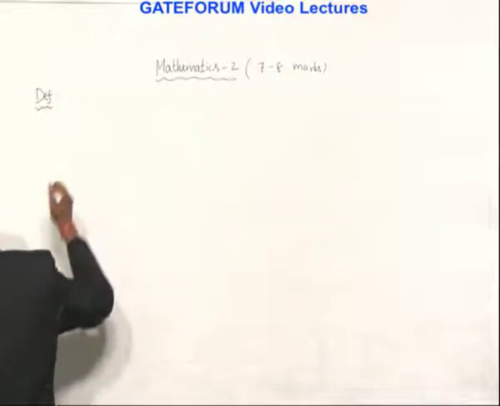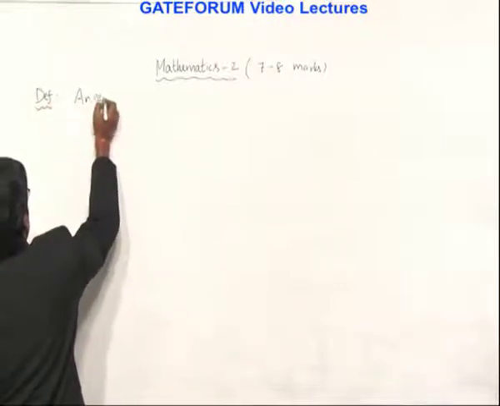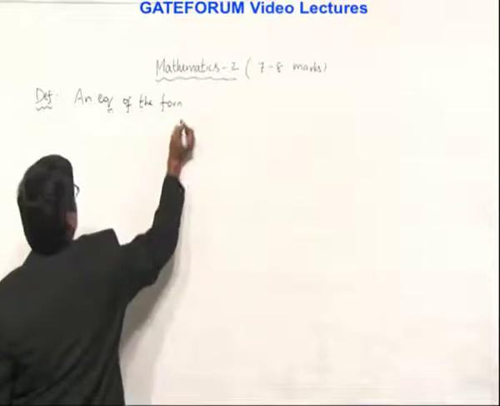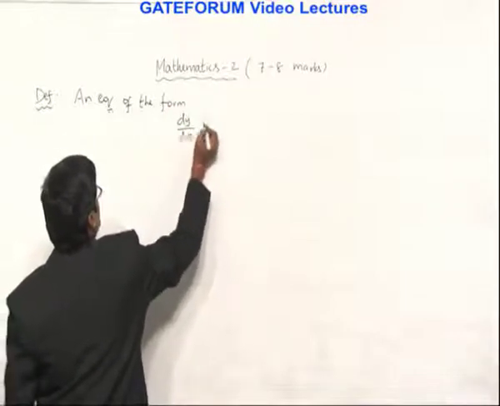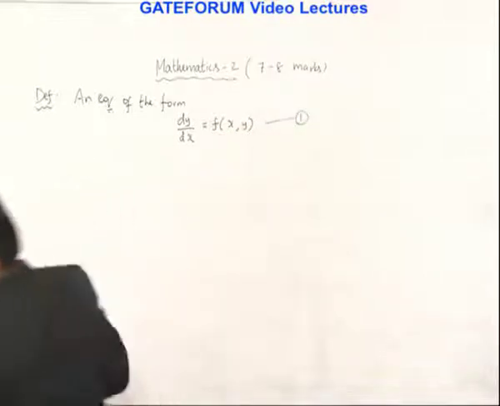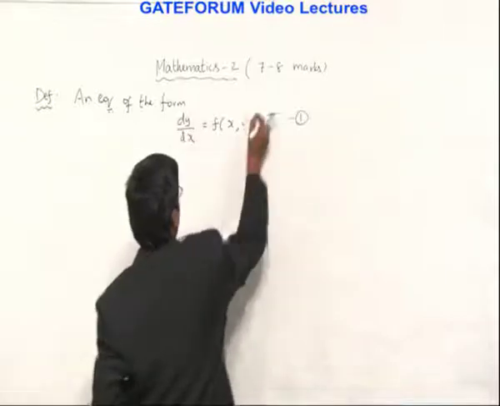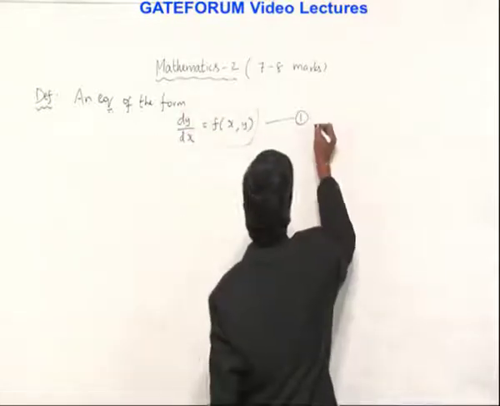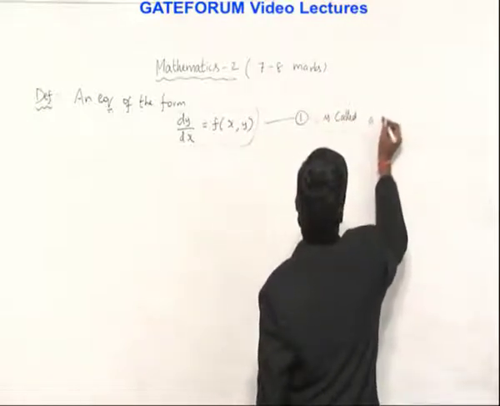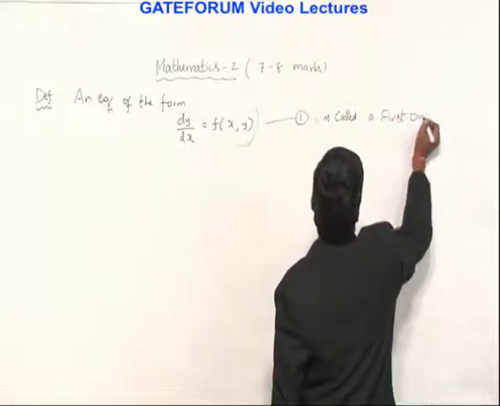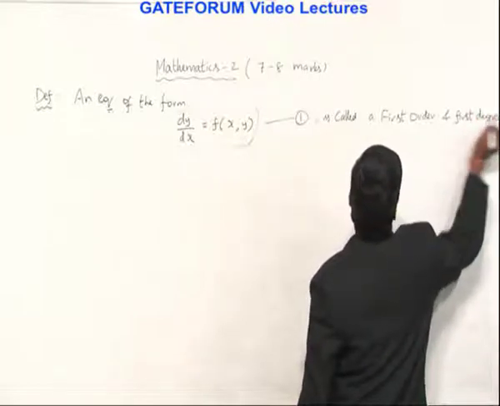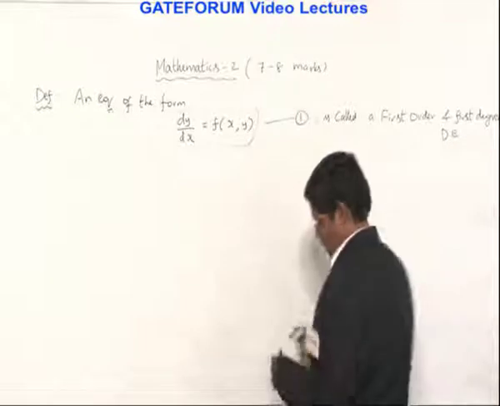Definition: an equation of the form dy by dx is equal to f of x comma y, say equation 1, is called a first order and first degree differential equation.